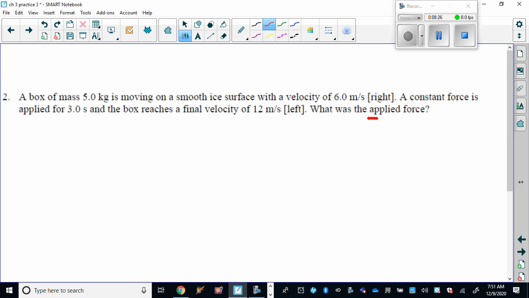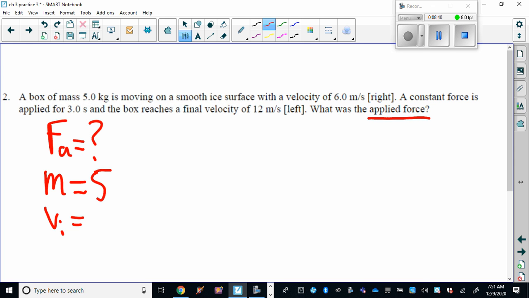We want to find out the applied force, so we're trying to find out the FA. Let's just write down what's given to us. We're given the mass, which is a good thing. We're given the initial velocity, which is also a good thing. We're given the time, 3 seconds, and we're given the final velocity.